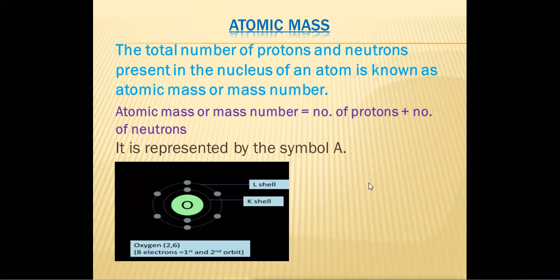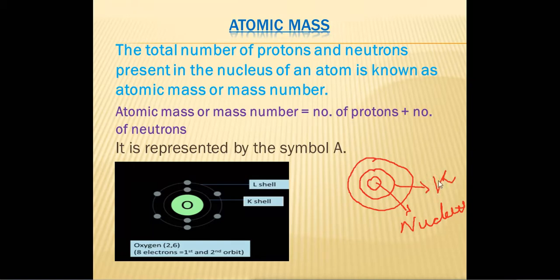This is our nucleus, and around it two shells are present, K and L. The first shell after the nucleus is known as the K shell, and the second shell after that is called the L shell. Third is M and the next one is N. Subsequently you can name the shells, but the first one is K and the second one is L. In the K shell, as I have told you, 2 electrons can be present.